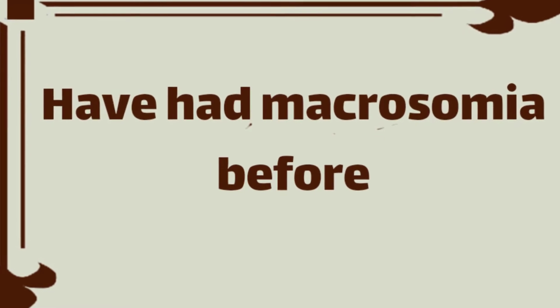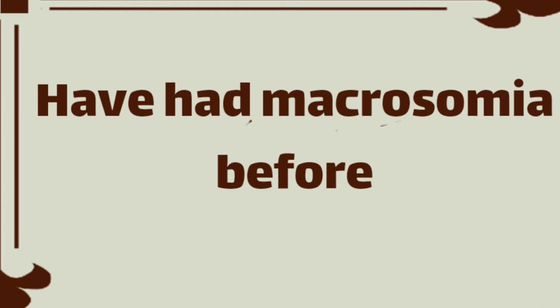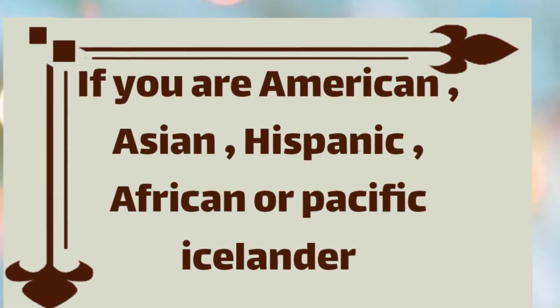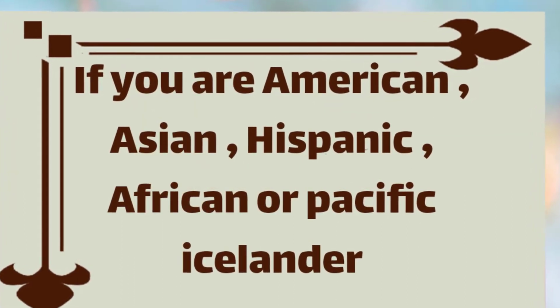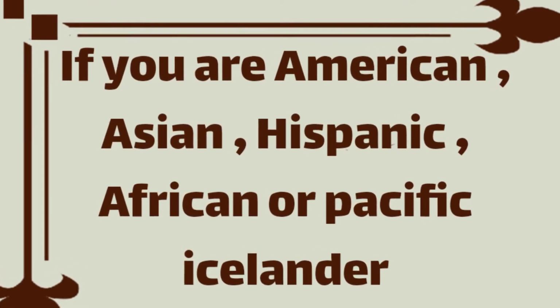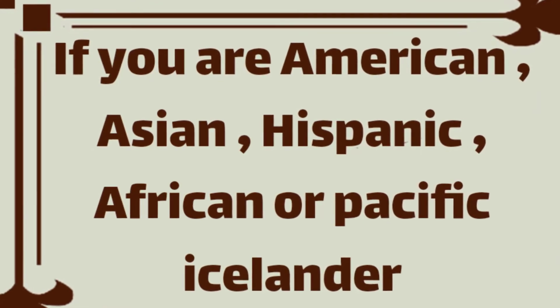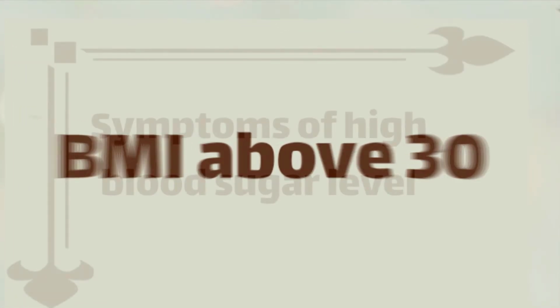So if you had a child with this problem, then you will also face this again. Another factor is the region you belong to. If you are American, Asian, Hispanic, African, or Pacific Islander, then there are more chances to be gestational diabetic. Another factor is your BMI. If your BMI is above 30, then you will most probably face the problem of gestational diabetes.